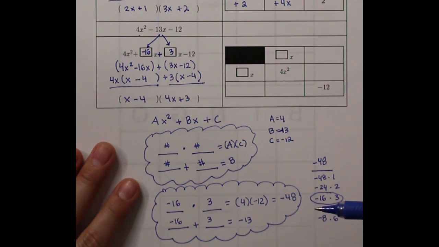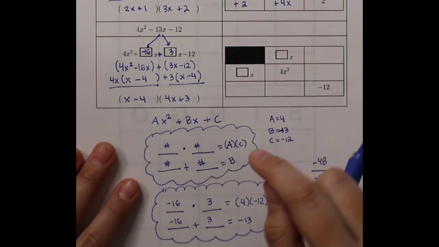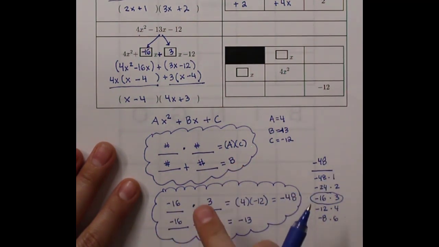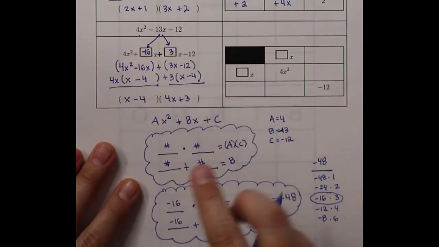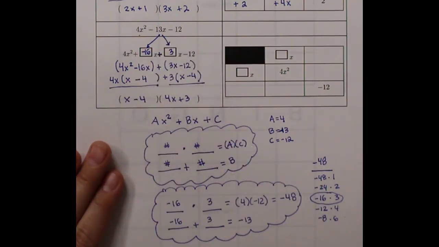Well, do those 2 numbers add to make B? And if they do, that is how you go from 3 terms to 4 terms. And once you have 4 terms, you can separate into groups and do what we've been doing. All right.